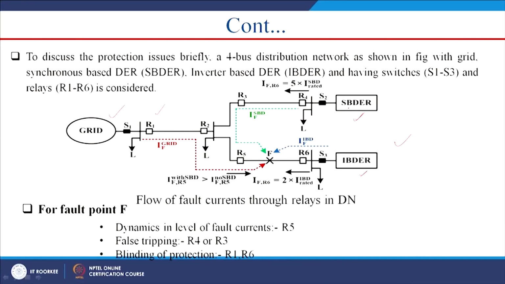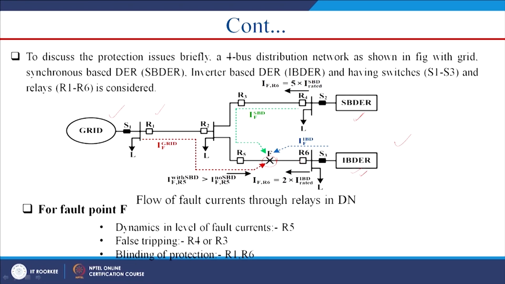This SB stands for synchronous based DER, meaning distributed energy resource, and this IBDR means inverter based distributed energy resource. Now, let us say we have created one fault here at the point F, right.